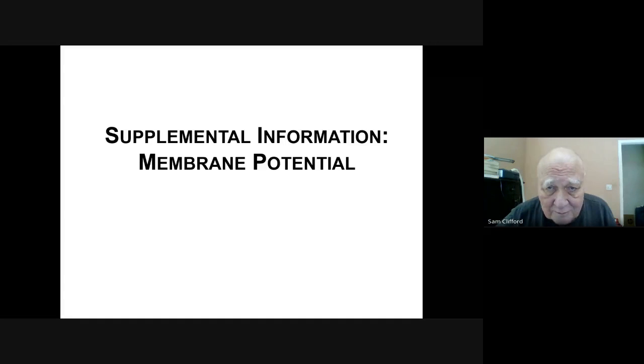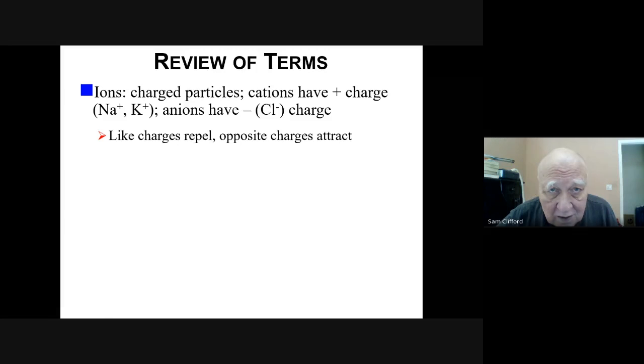Membrane potential. Sodium and potassium have charge. Chloride has a negative charge. Sodium and potassium are primarily responsible for the fact that the inside of the cell is negative with respect to the outside.